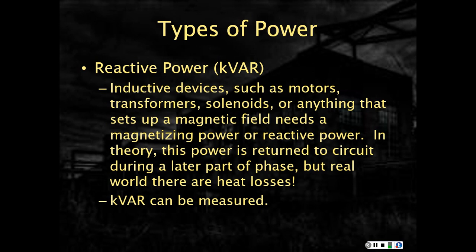In theory, that power is returned to the circuit when the phase goes in the opposite direction, when there's a phase change. But in the real world, there are heat losses. So for transformers, motors, all those things, part of that power that's given to set up the magnetic field is lost. It's not given back to the circuit. And reactive power, or kVAR, can be measured.